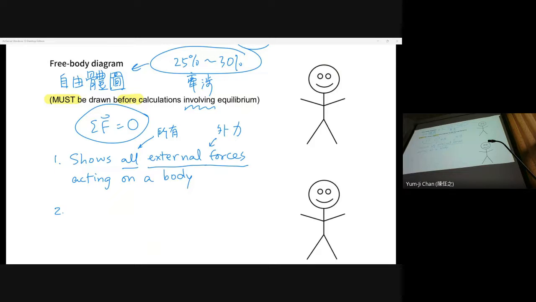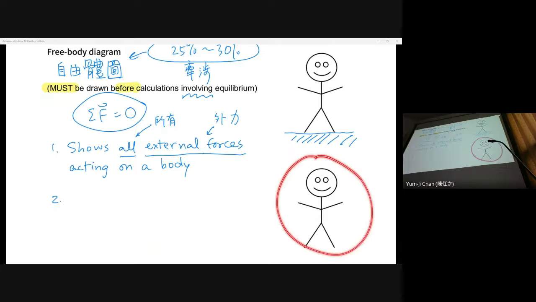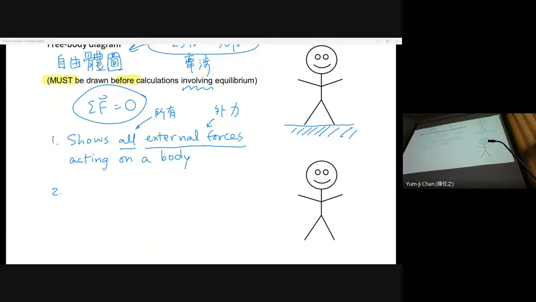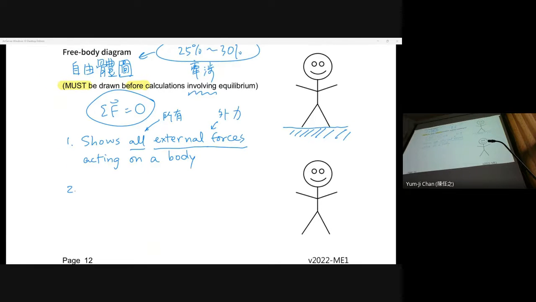For example, you are standing on the ground, on a floor. So how should we draw the free body diagram of a person standing on the floor? Let's try this. Which forces should I draw here?